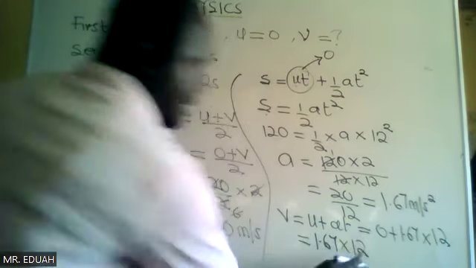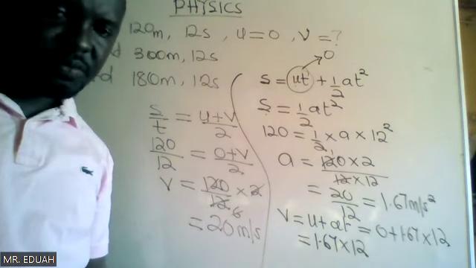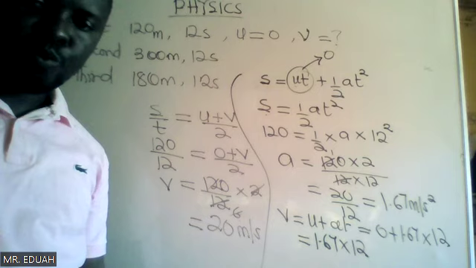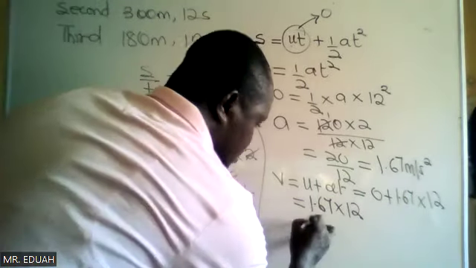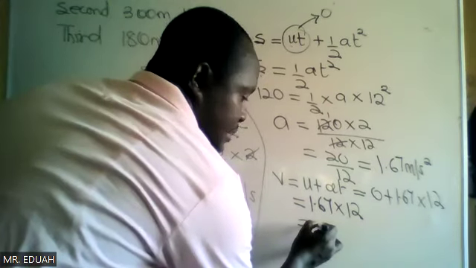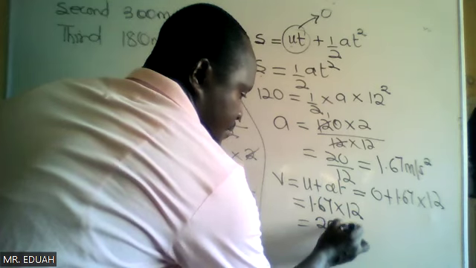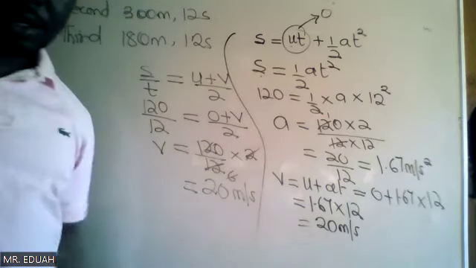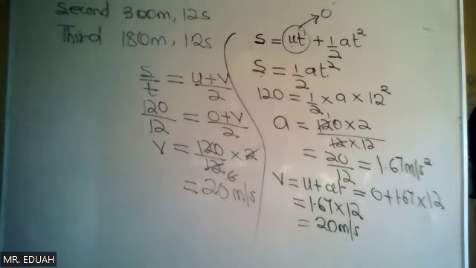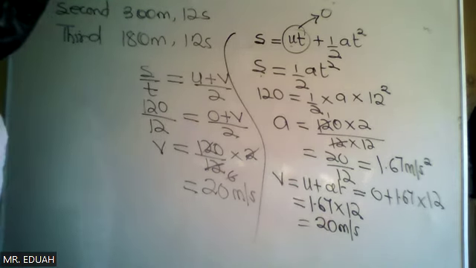What is 12 times 1.67? 20.04, about 20. So whichever way you look at it, you must get the same value. Please, are we okay?